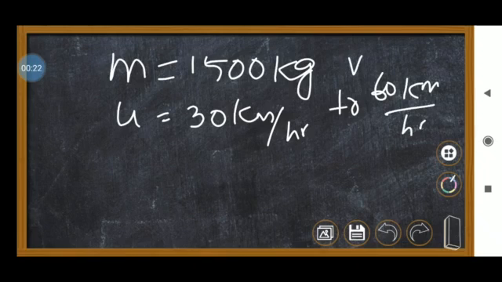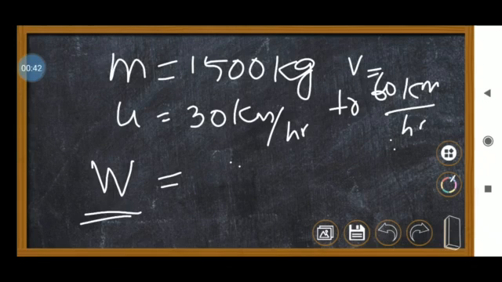So when it is moving from 30 kilometer per hour to 60 kilometer per hour, how much work is done on the car? Work done will be equal to the change in kinetic energy.